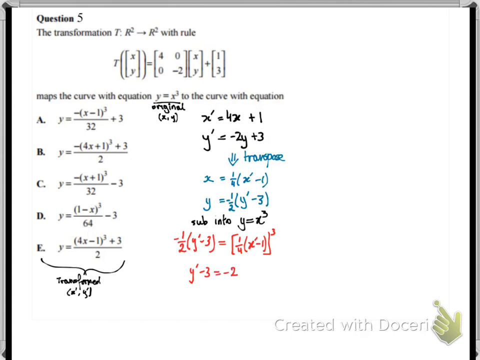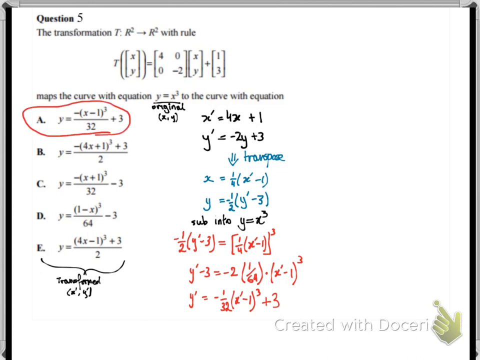So, we've got this now. We have to rearrange and solve for y dash. So, multiply by -2. Perform the cube on the quarter. Cancel out any common factors, and the last bit you have to add the 3 to the right hand side, and there it is, our transformed equation.